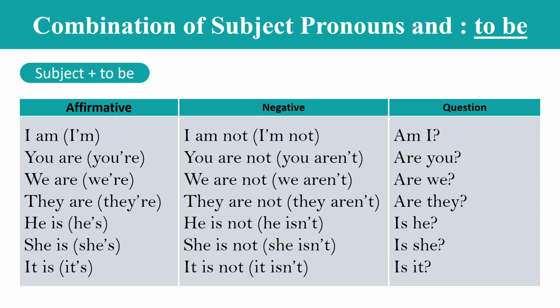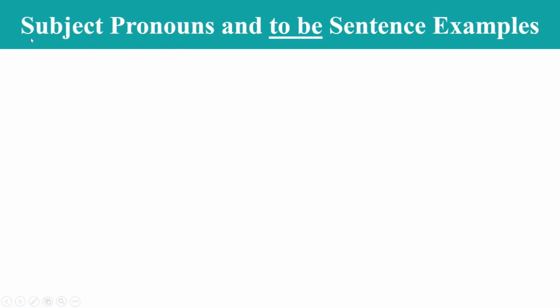Now that you have learned the affirmative, negative, and question form of subject pronouns and to be verbs, let's continue the lesson and see some sentences of this combination or structure. As I told you, here we have subject pronouns and to be verb sentence examples. First, we will have some affirmative sentences.